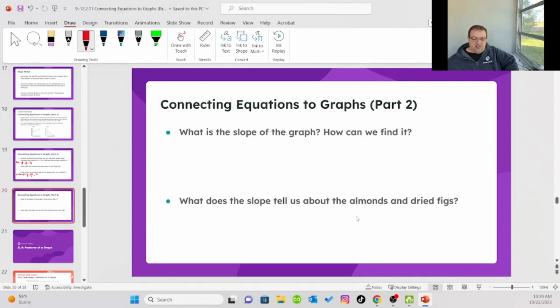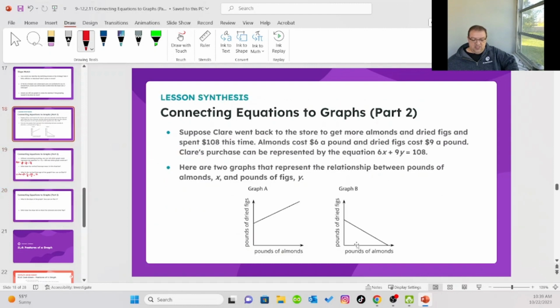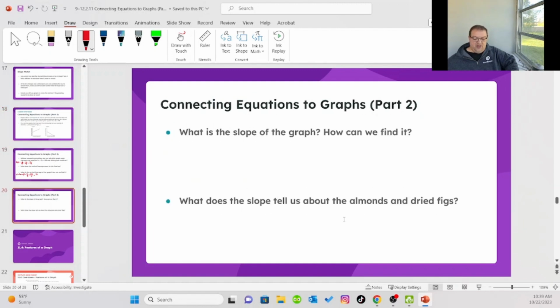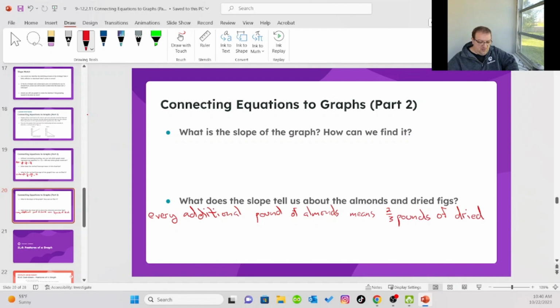What does the slope tell us about the almonds and dried figs? Almonds are X, pounds of dried figs are Y, so it tells us every additional pound of almonds means 2/3 pounds of dried figs less.